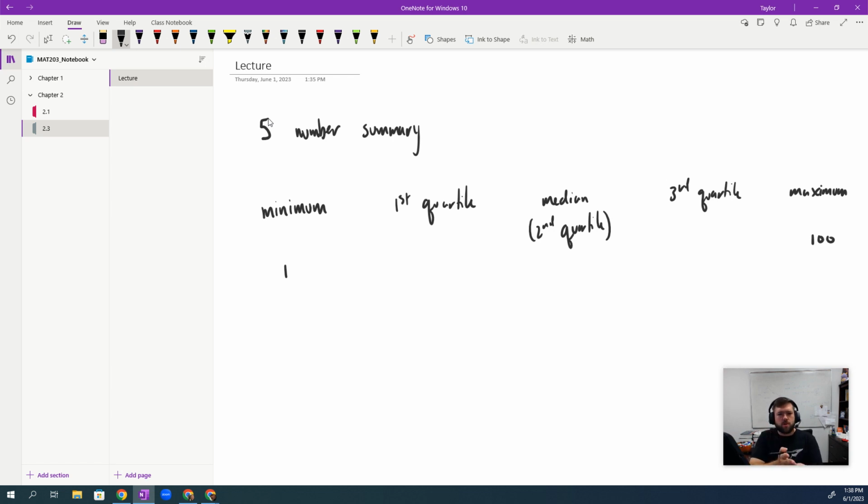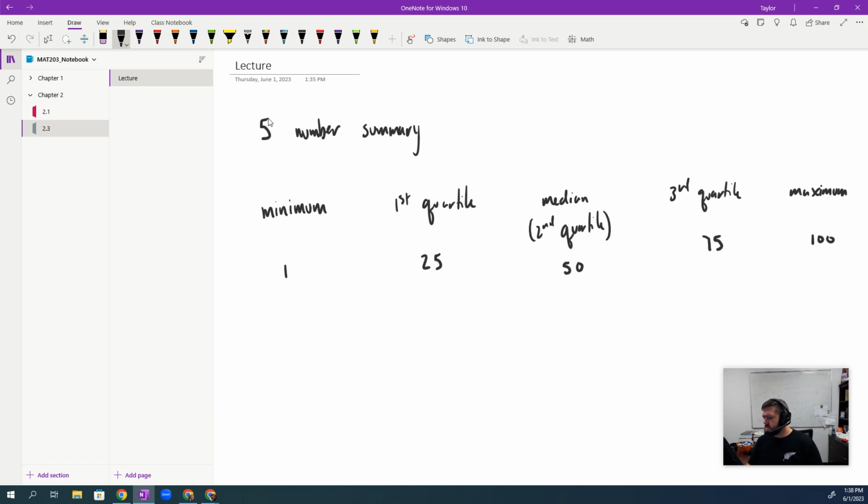What's the very middle? Yeah, 50, right? Now, thinking from 1 to 50, the first half of our numbers, what's the middle of that? 25. And then from 50 to 100, the second half of our data, what's the middle of that? Yeah, 75.